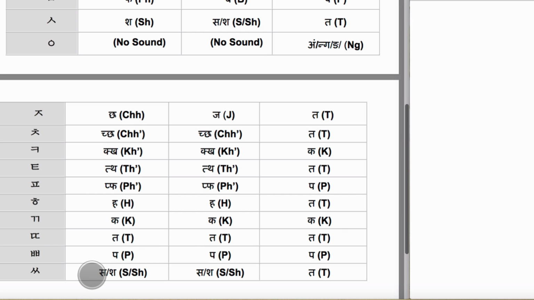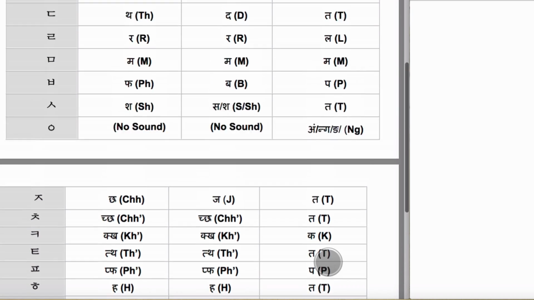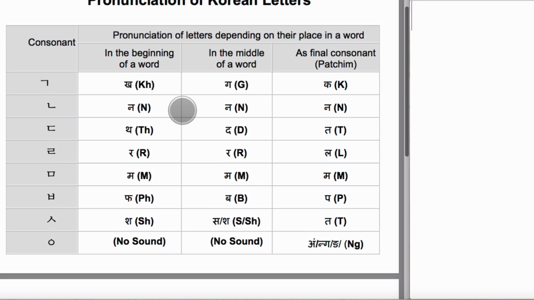Sang shiot is pronounced as sa or sha when it appears in the beginning or middle, and as ta when it appears in the Pachim position. So that's all about the pronunciation of Korean characters. Save this chart and try reading as many words as possible.